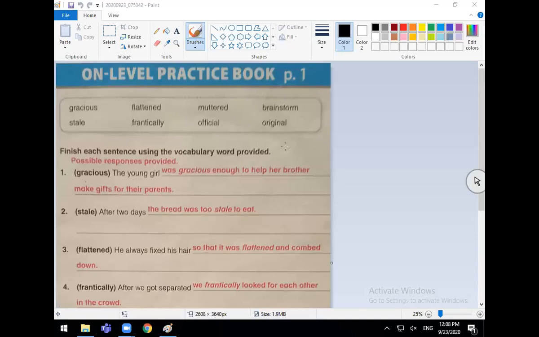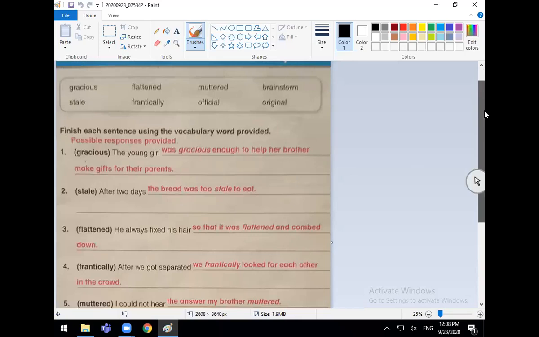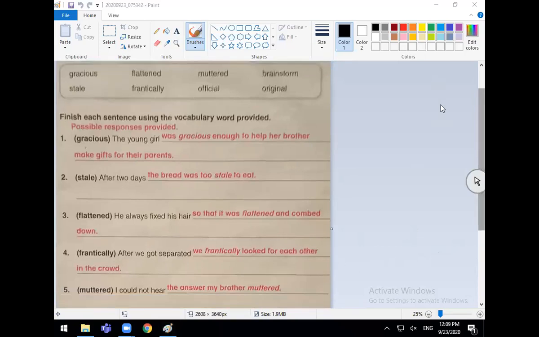But these need to be completed on a weekly basis, okay? I'm letting you choose the time. You don't have to take a picture of this and send it to me. Just write it in your book for your reference to help you with the meanings. When I collect your workbooks and you return to school, I will check to make sure that it is completed, okay? Yes, Leanne, do you have a question?